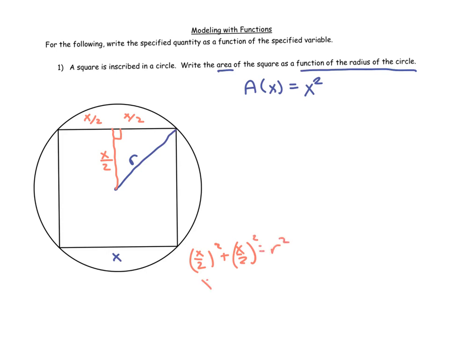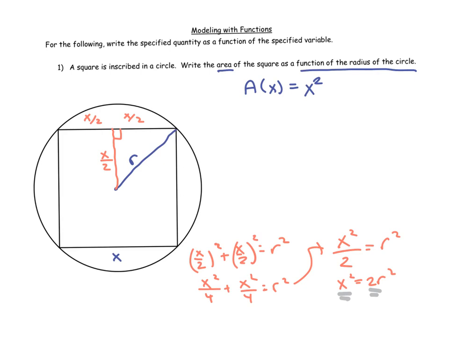And that tells me that x squared over 4 plus x squared over 4 equals r squared. And that tells me that x squared over 2, right? Because a fourth x squared plus a fourth x squared is x squared over 2. That equals r squared. Multiplying by 2 gives me x squared equals 2r squared. We could solve for x, but we're basically where we want to be, because now I know that x squared is equal to 2r squared.